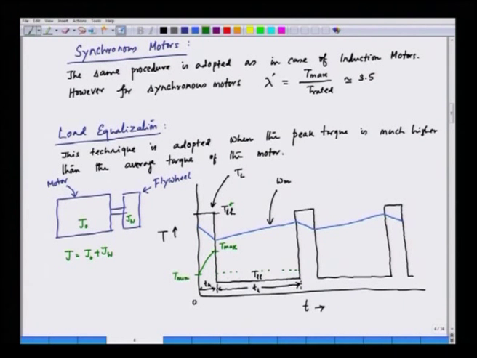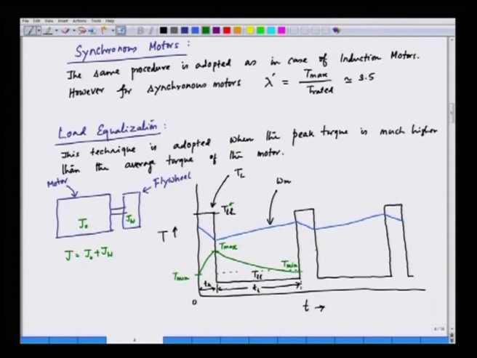Again when a low load torque T LL is applied, the motor torque will come down exponentially, to a T minimum value same as the previous one, and this is periodic in nature.